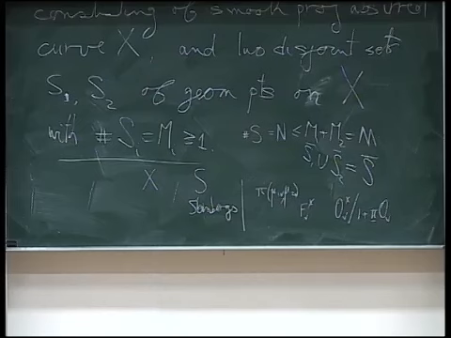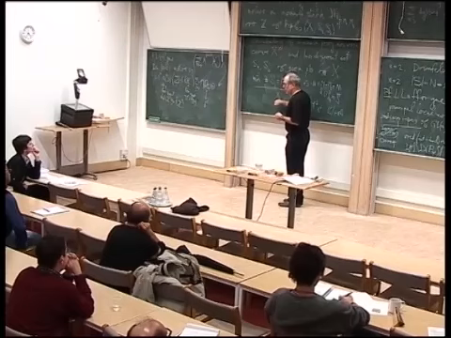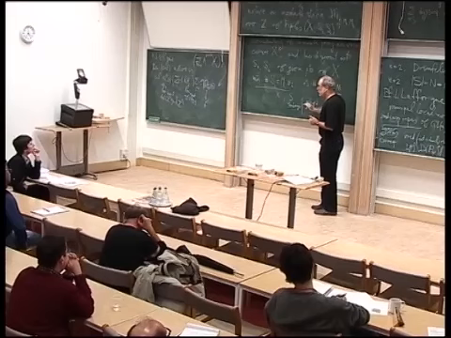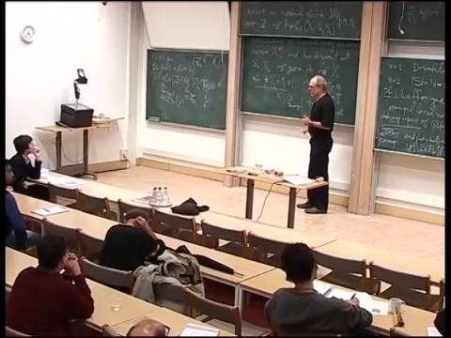So he puts there tamely ramified characters, and then again you have finiteness of the number of cuspidal representations on GL2, and he has a purely geometric way to count how many local systems there are.